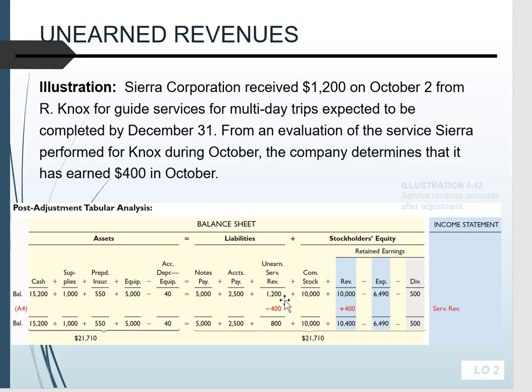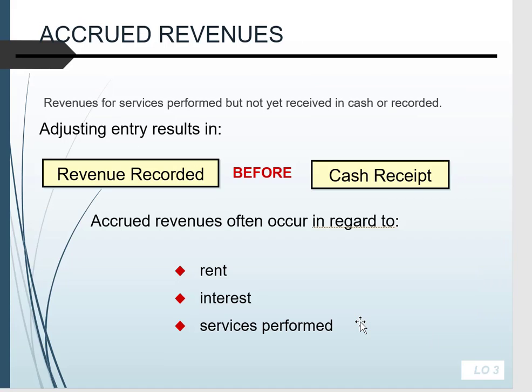At the end of the month, we have to show that we have earned some of this unearned money. It's revenue here, and over here, then it is a negative number. And remember, here's the equal sign. Since they're on the same side, they have to have opposite signs so we keep everything balanced.